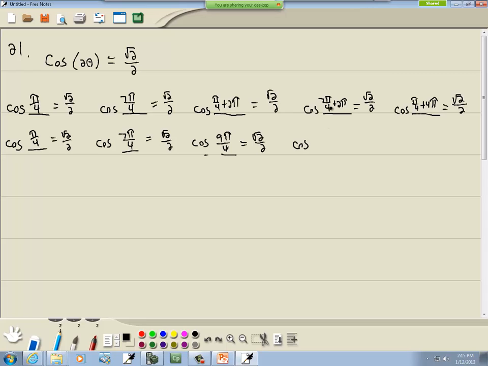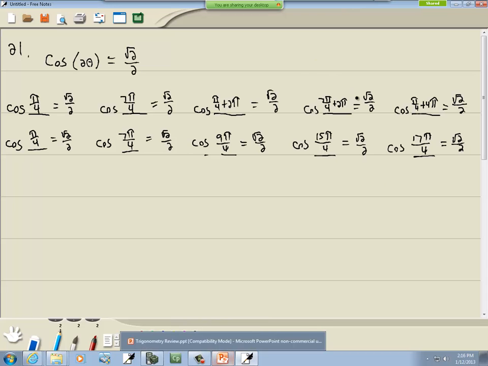On this one, 2 times 4 is 8, plus 7 is 15, so we got 15 pi over 4 is equal to square root of 2 over 2. And on this one, 4 times 4 is 16, plus the 1 gives us 17. So that's 17 pi over 4 is equal to square root of 2 over 2.